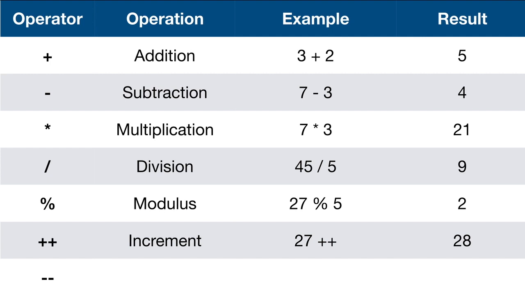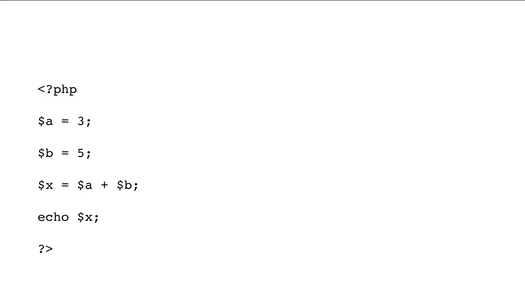This is an increment, so 27 plus plus will evaluate to 28, and we have a decrement. 27 minus minus will evaluate to 26. But these last two we're going to look at in a bit more detail because they do some freaky stuff. But first up, let's just see how we would use numerical operators in some PHP.